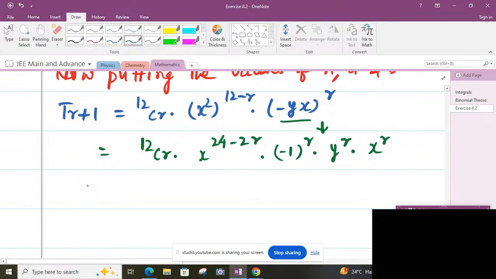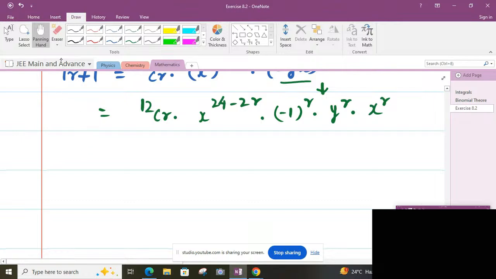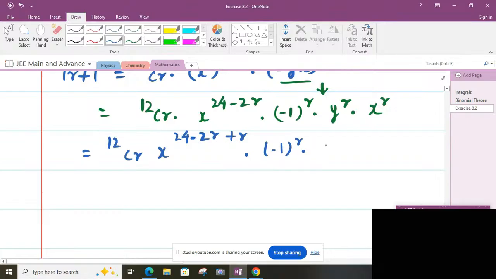So the last step here will be 12 C r, and here x to the power 24 minus 2r plus r, and here we write minus 1 to the power r into y to the power r.